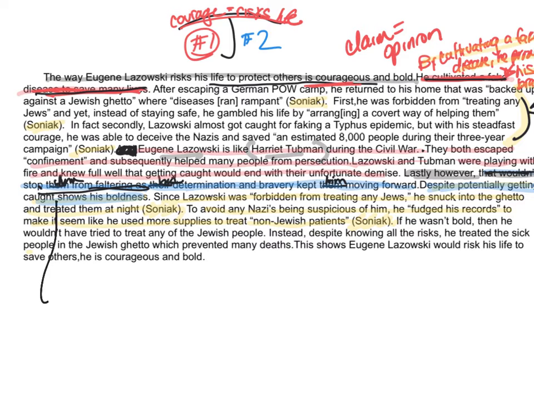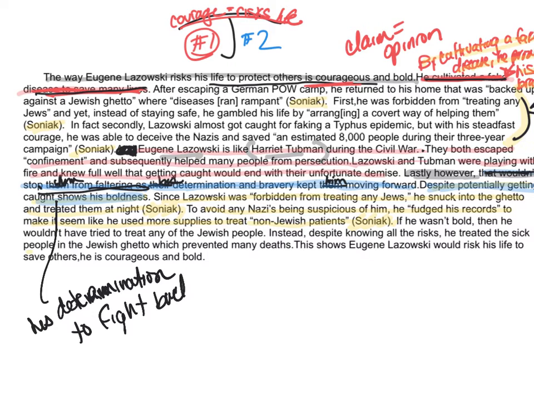Despite potentially getting caught, his determination to fight back shows his boldness. So I would actually, because you have two claims here, just stick with this second one, which is stronger. And now this does show that he is determined to fight back.